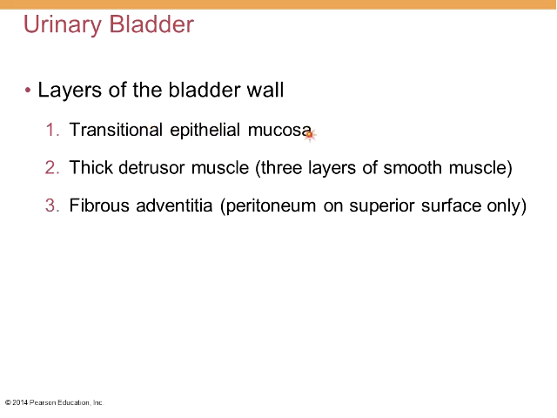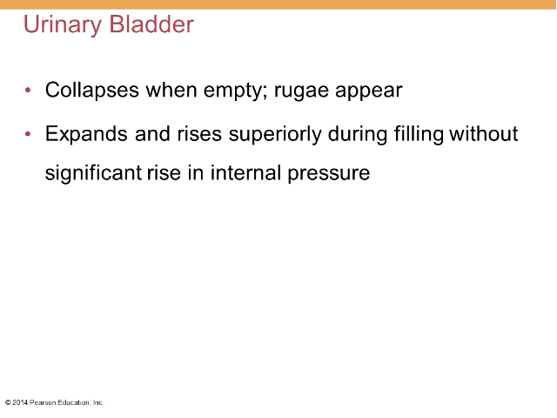Now the layers of the bladder: it has the transitional epithelial mucosa on the inside, the thick detrusor muscles, which contract to force the urine out when you're trying to urinate, and adventitia on the far outside, the connective tissue. The peritoneum is on the superior surface of the bladder only; the rest is retroperitoneal.